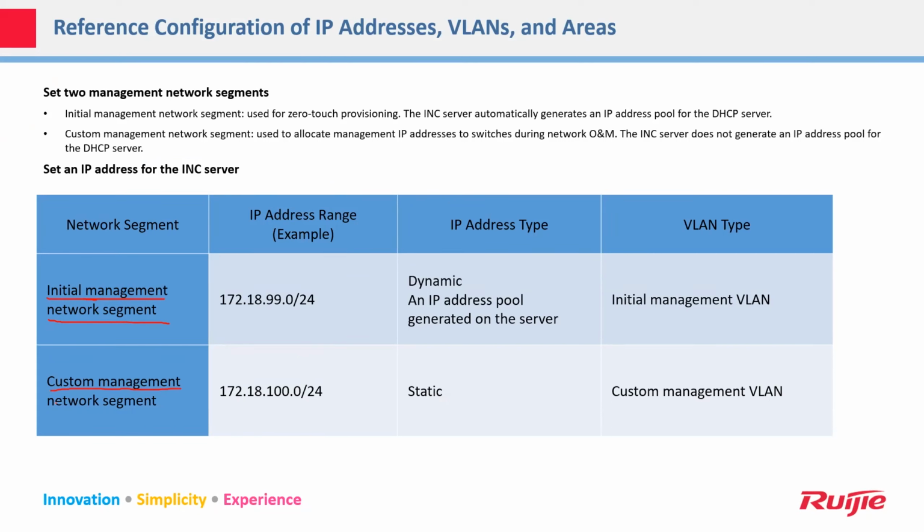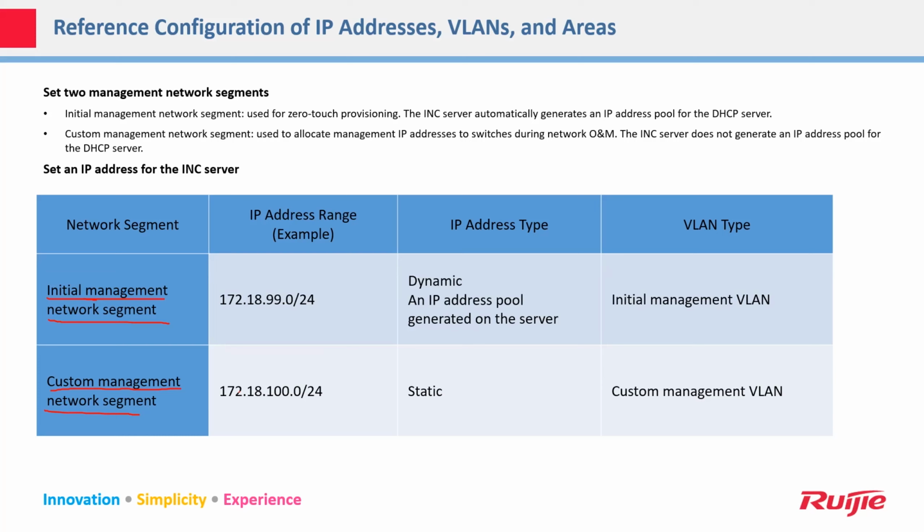While custom management network segments are used to set the IP addresses of your service terminals, for example cameras, printers, end users, smart devices, mobiles, laptops, and so on. This is different. You should plan, for different services and different departments, the VLAN they belong to, the subnet they use, the areas of them, and the position of them, and so on.